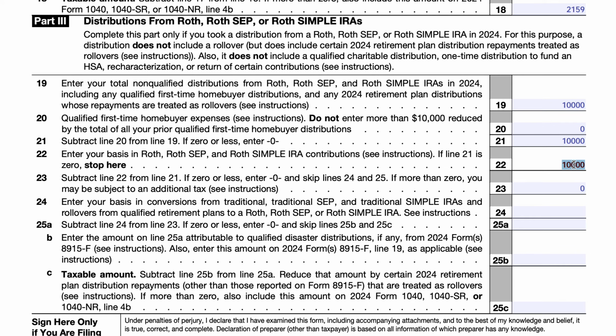So the basis, there are a couple of examples where you would increase your basis. So in the article, we kind of go into detail. One of the examples would be service member group life insurance proceeds to a qualified beneficiary that was rolled over into a Roth IRA.